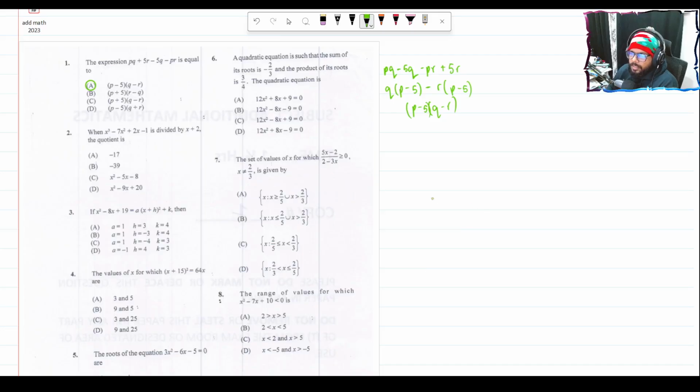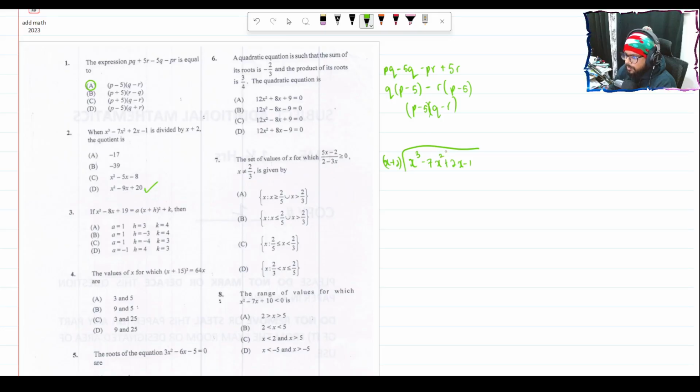When it's divided by x plus 2, the quotient is, now, it might have a remainder. I believe this one was this. Alright, so there we go. x cubed minus 7x squared plus 2x minus 1, divided by x plus 2. I will get x squared on top.